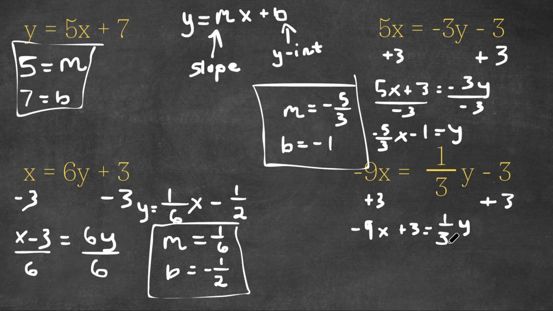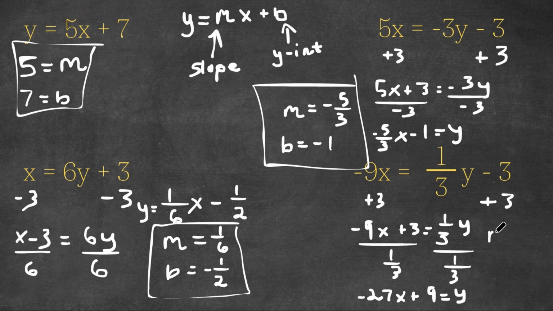Now we want to get rid of this 1 over 3, so I'm going to divide by 1 over 3 on both sides. Now dividing by 1 over 3 is the same thing as multiplying by 3. So now negative 9 times 3 is negative 27 plus 3 times 3 is 9, and now this is equal to y.